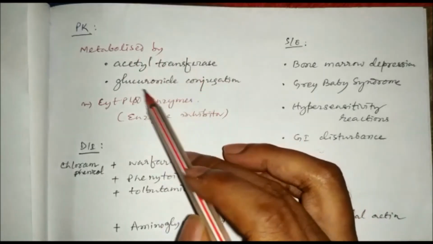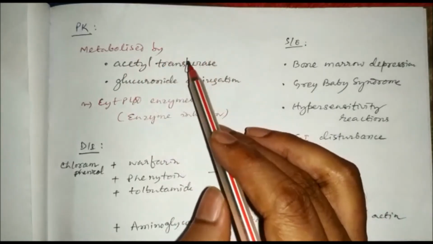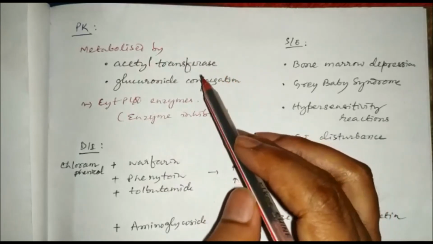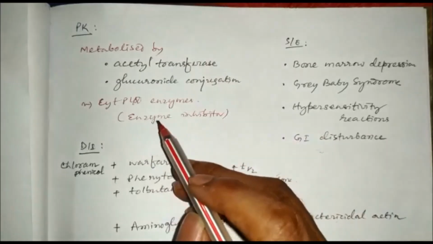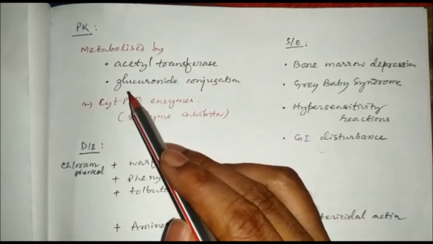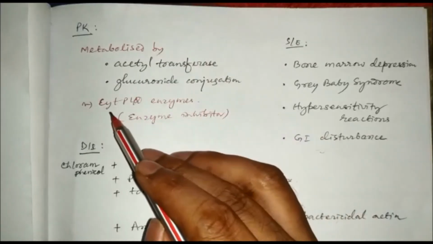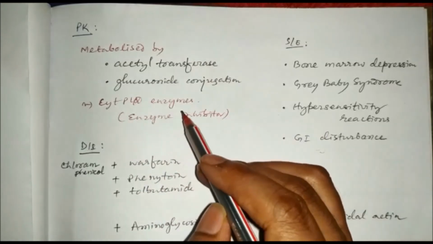This metabolism is done by these two enzymes, glucuronide transferase and acetyltransferase. Then chloramphenicol is an enzyme inhibitor. It inhibits the cytochrome P450 group of enzymes.